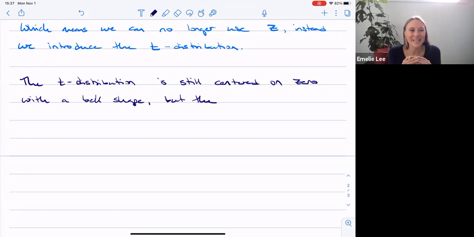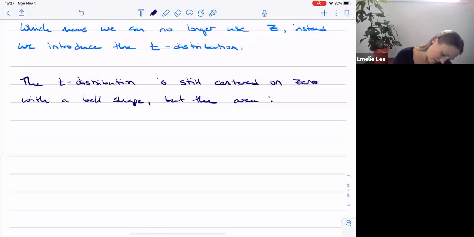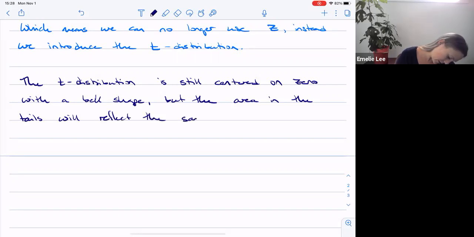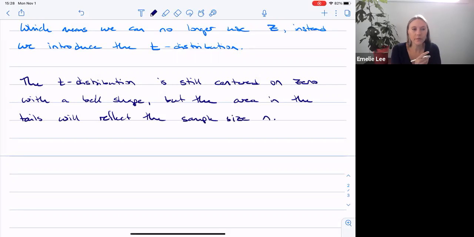But the area in the tails will reflect the sample size n.